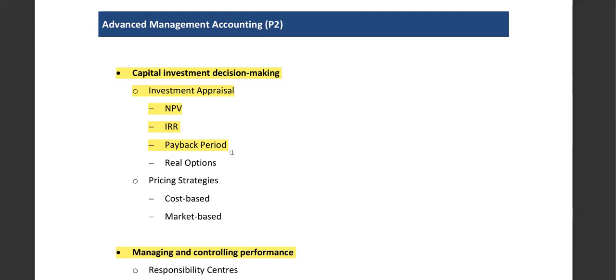It is also important to remember that NPV is, of course, the most commonly used and popular technique among the four. And we've also seen questions in the exam where the examiner has focused on the challenges of predicting cash flows for an NPV appraisal.